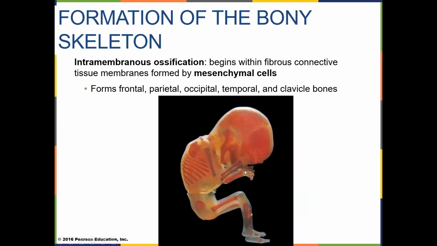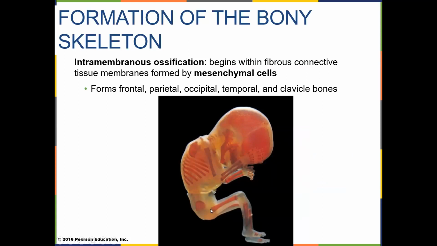Here we see this is probably about 10 weeks. It's a little less developed than the other image, but here we can definitely see the membranes. Here, the intramembranous ossification takes care of the bones of the skull and the clavicle.